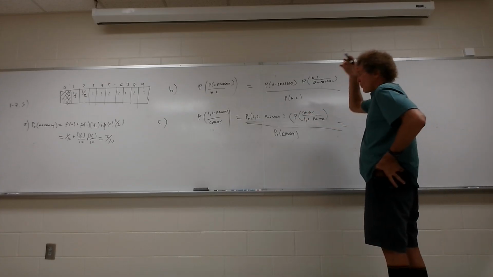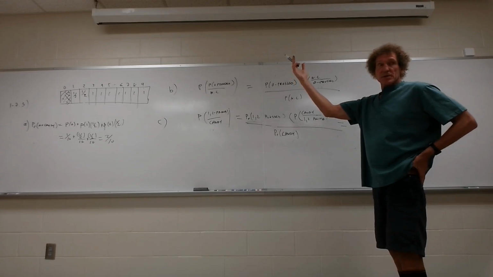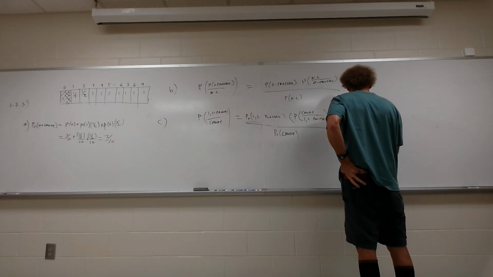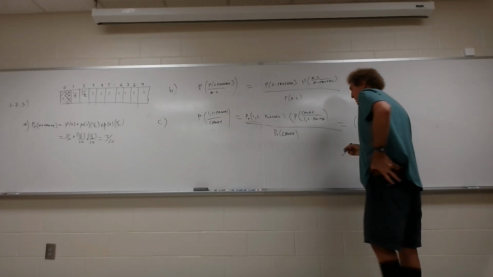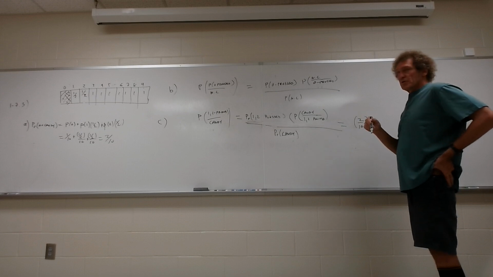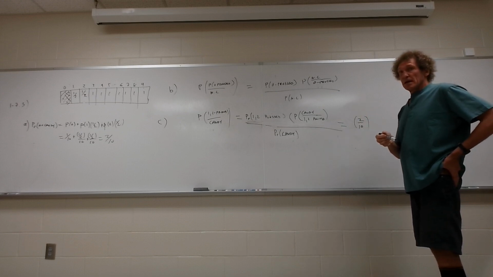So the probability of 1 or 2 pressed, there are 10 buttons, 2 tenths. 2/10 or 1/5, but I'm going to leave it as 2/10 for a reason. Then probability of candy received given a 1 or a 2 is pressed. What is it? One half.